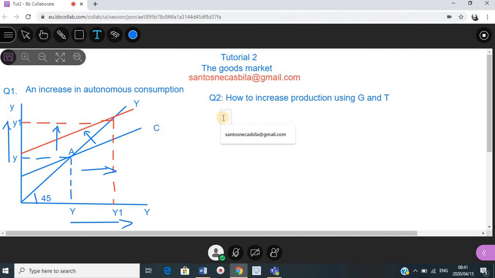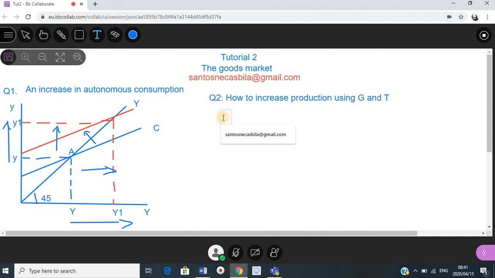What happens is that an increase in one of these three components of GDP, which are consumption, investment, and government spending, is going to impact positively our GDP, or is going to increase also our GDP.